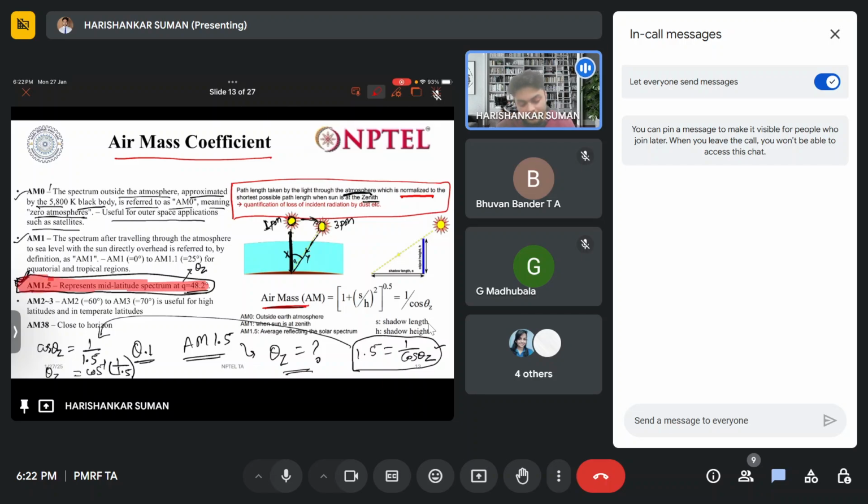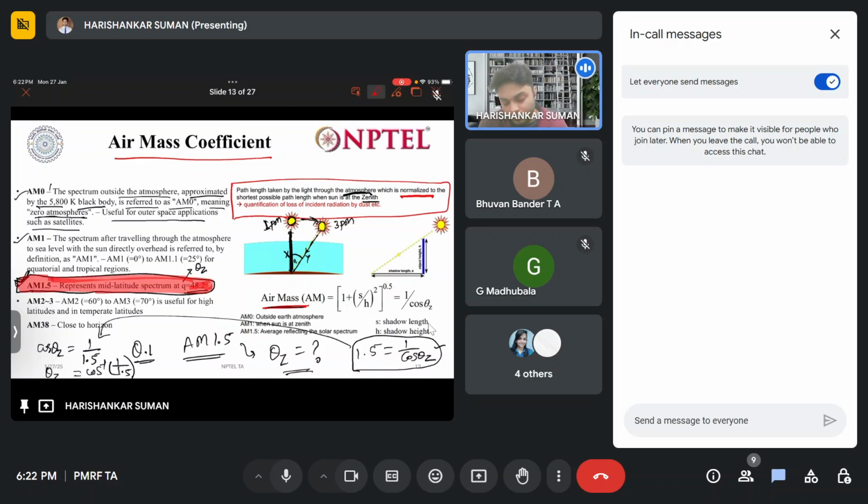Let's say I have two solar cells. How can I compare them? So what is the reference for illumination? The reference illumination is the AM1.5 spectrum.